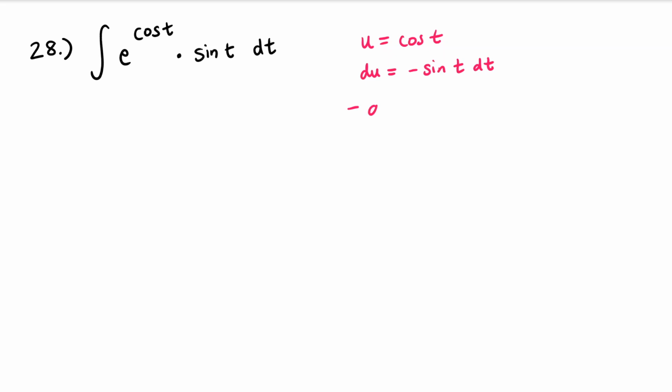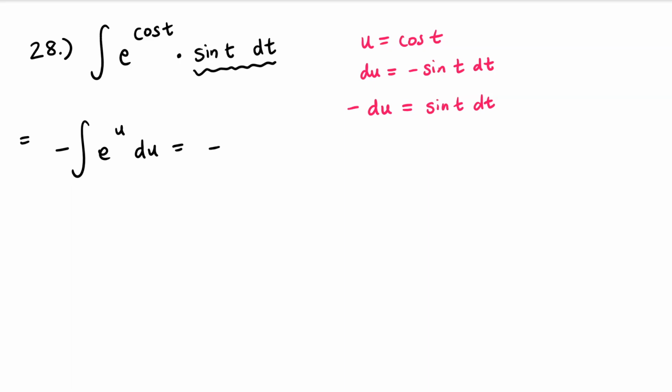And multiplying both sides by -1 gives us negative du is equal to sine of t times dt. So if we rewrite our integral, we have e to the power of u, and then sine of t dt is getting replaced with negative du. I'm going to factor out that negative sign.